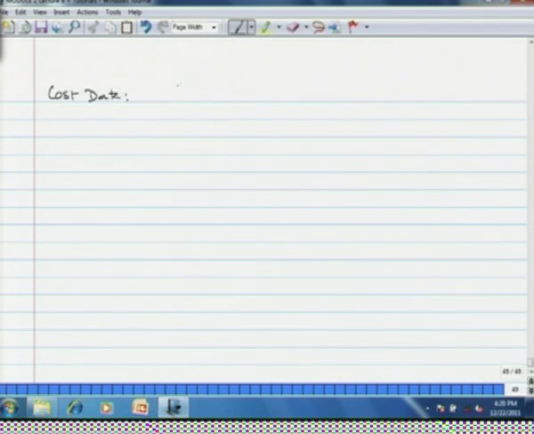Now the cost data. The price of benzene can be taken as $9.04 per mole. Price of toluene, $6.4 per mole.